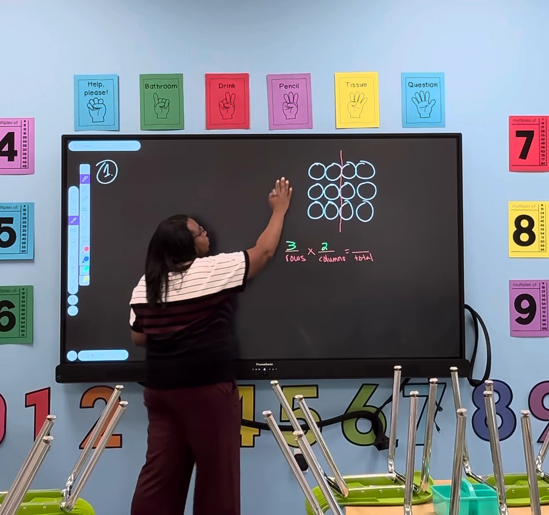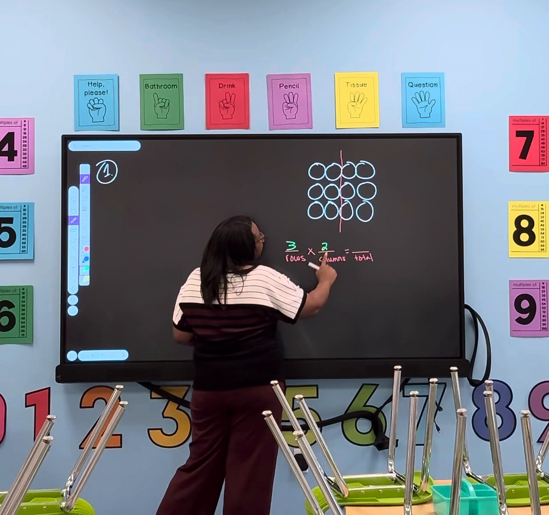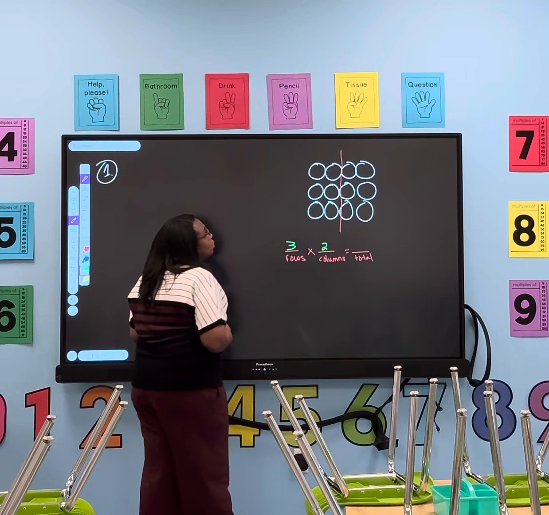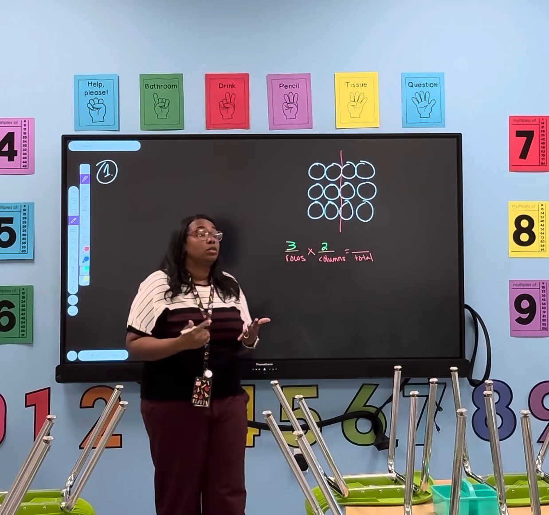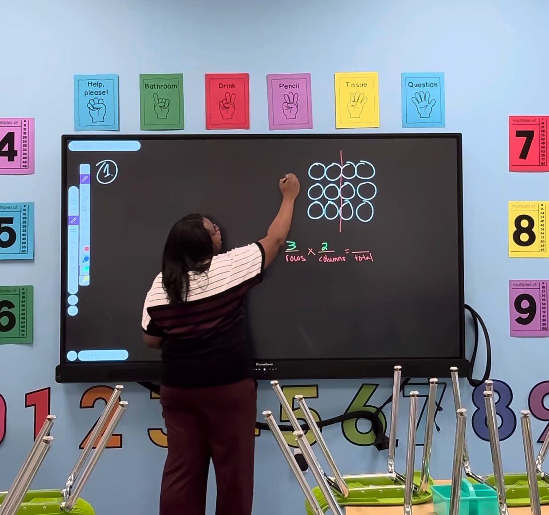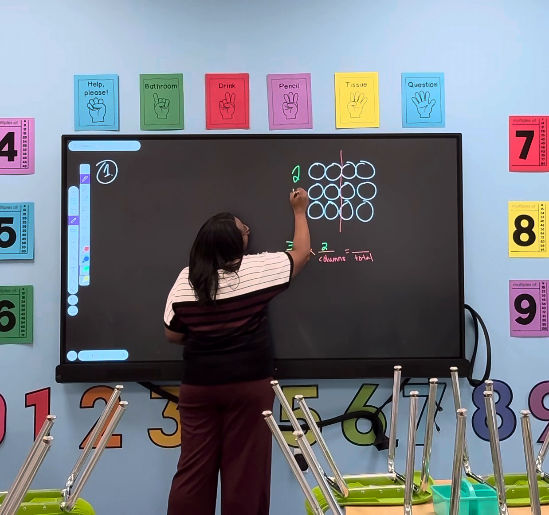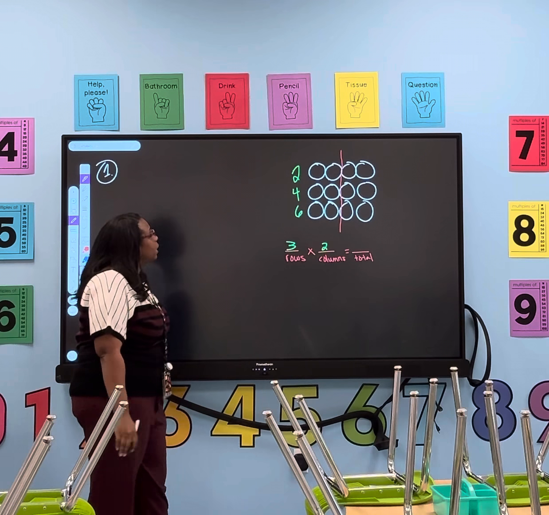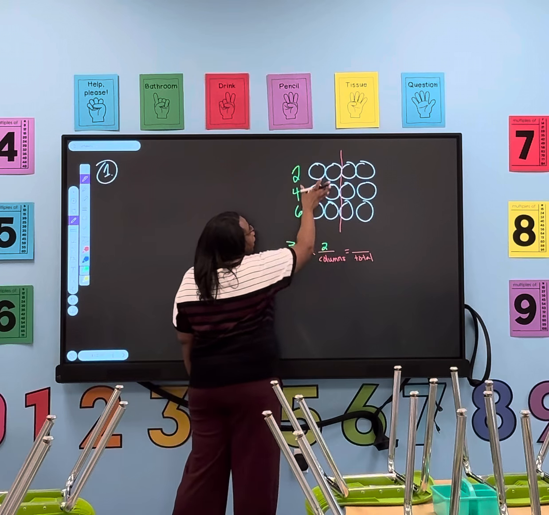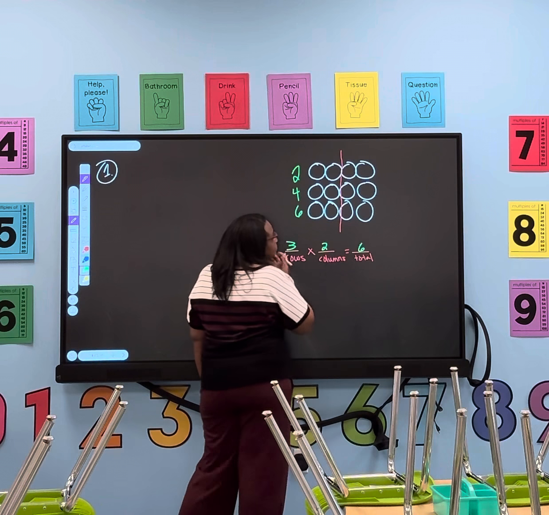So now that I've broken it apart, I need to figure out the total of 3 times 2. Well, because we skip counted by 2s, we should already know how to do this. I'm going to do the skip count on the side. This will be 2, then 4, then 6. That tells me that the total for this array on this side is 6.